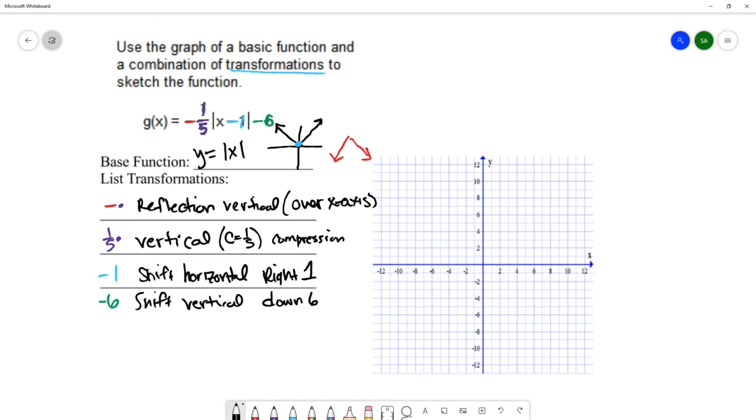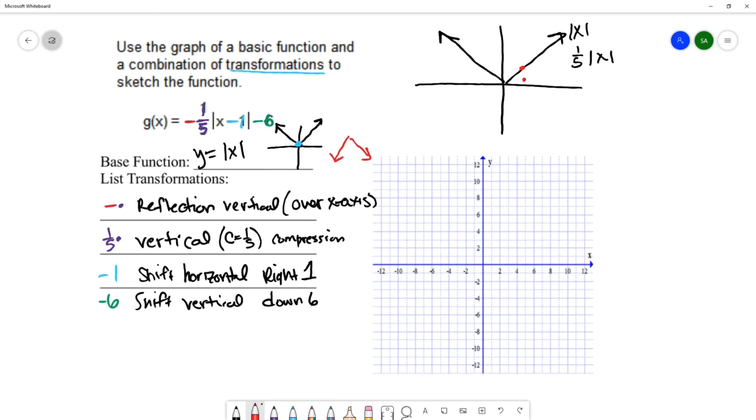So if I strip down and only talk about the vertical compression, let's talk about what this does to the graph. If I think about my starting graph of the absolute value of x, and then think about 1/5 absolute value of x, what this does is it takes all of the y values and brings them down by 1/5.